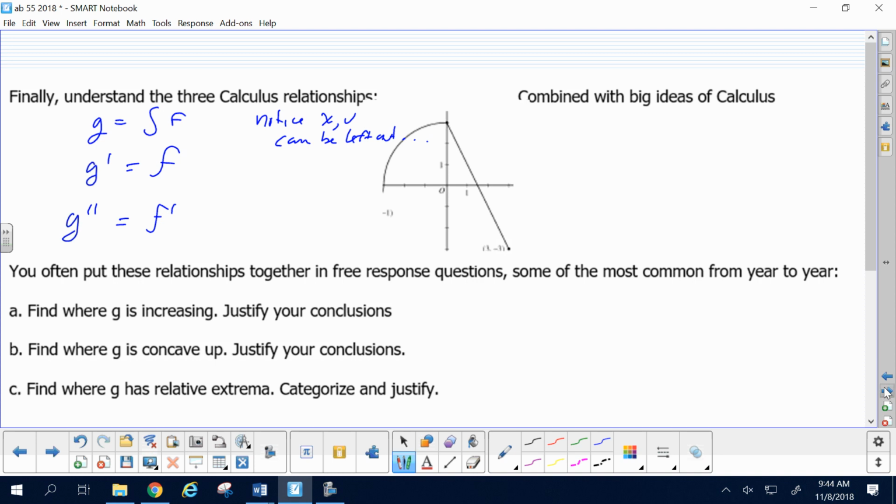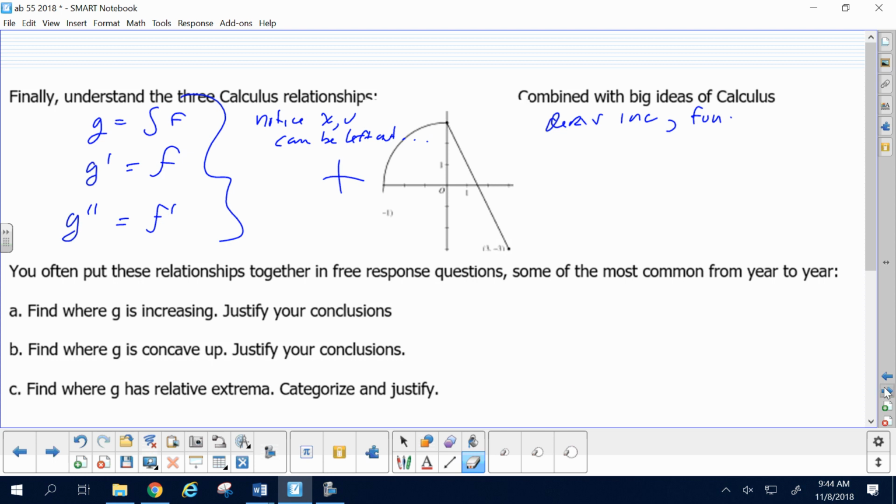All right, now those are going to govern a lot of the questions, so we'll come back to that in a second. Now, if you combine those big ideas with some huge ideas that we've done forever, for example, when the derivative is positive, the function is increasing.